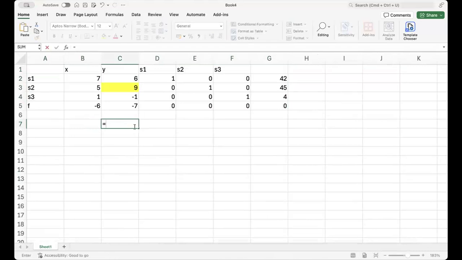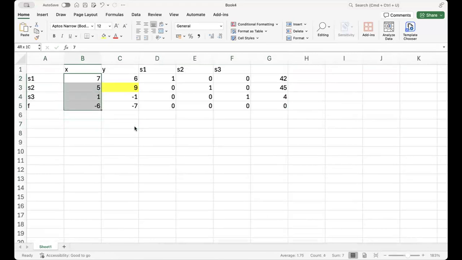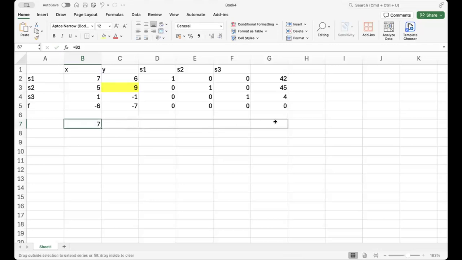What I'm doing is, once you determine the pivot element, the pivot element is here, right? I just copy everything first.